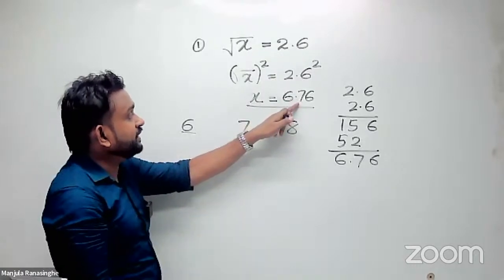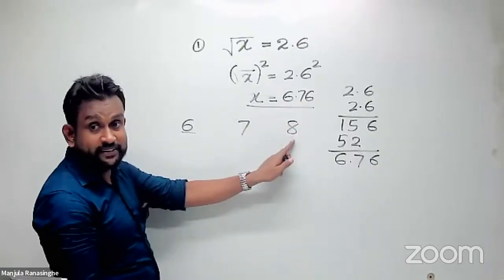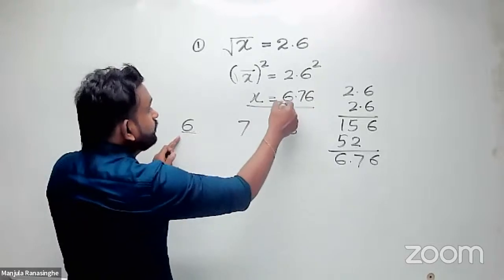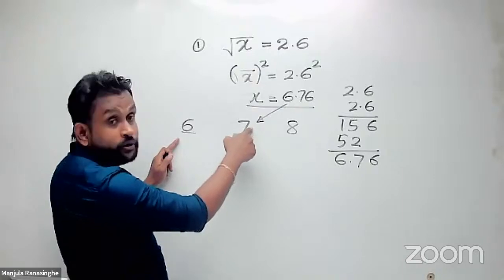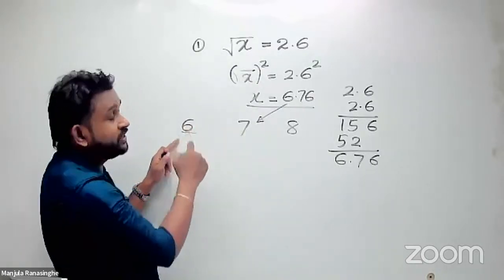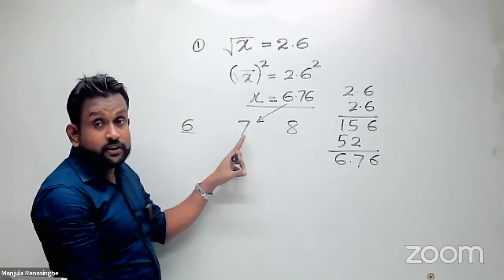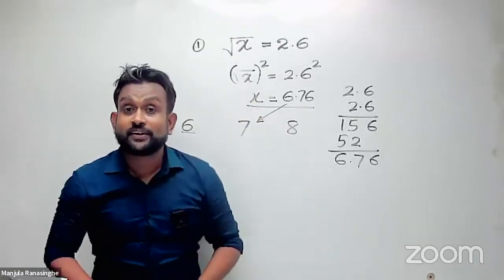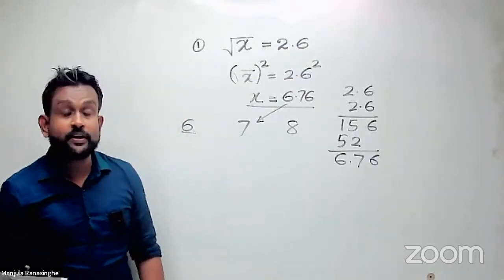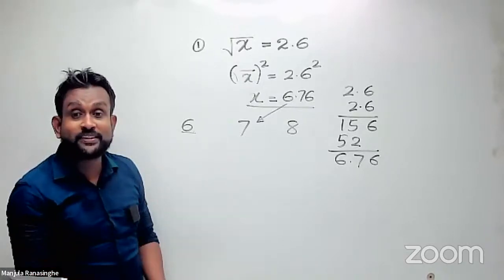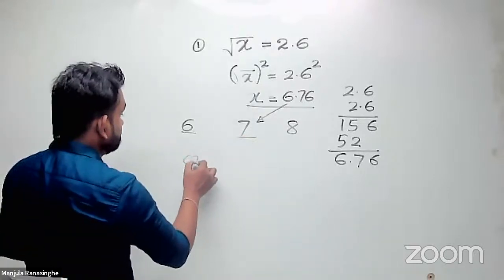So the lesser gap is with 7, and the suitable value for x is 7. Understand the logic of how it happens. However, if you take any value or any method, that is okay. The right answer is 7, so just underline the answer.